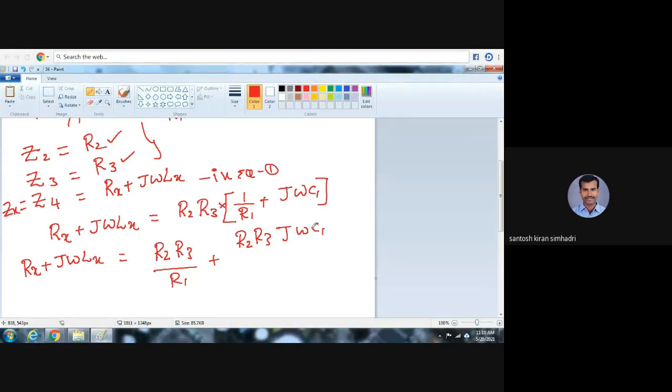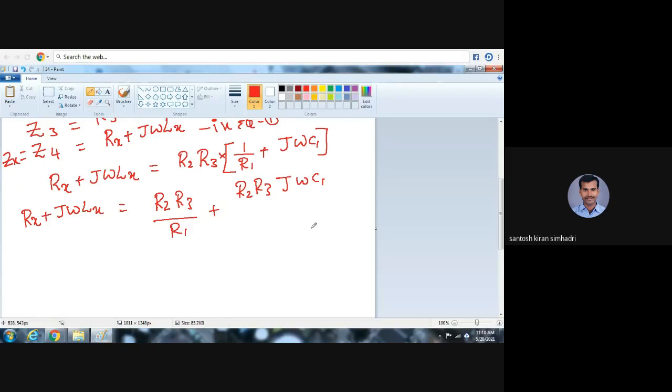Fine. So here I want to extend the part of equating real parts and imaginary parts. Equating real parts and imaginary parts. What happened?